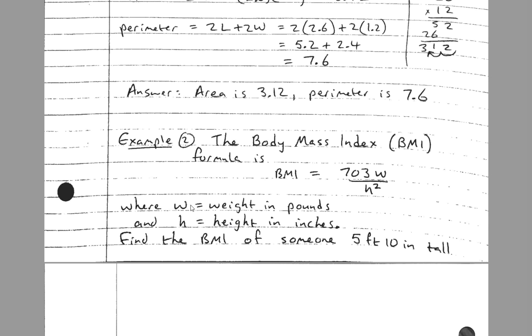So let W be the weight of the person in pounds, H the height of the person in inches, and then it's 703 times W divided by H squared. That gives you the BMI.